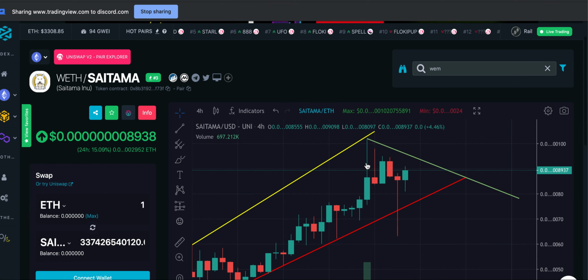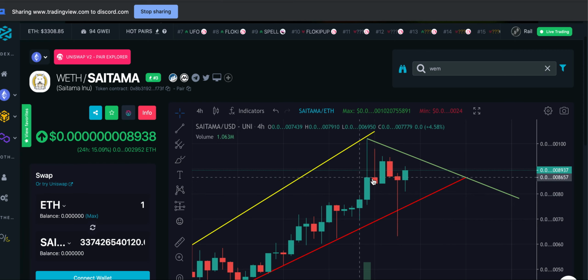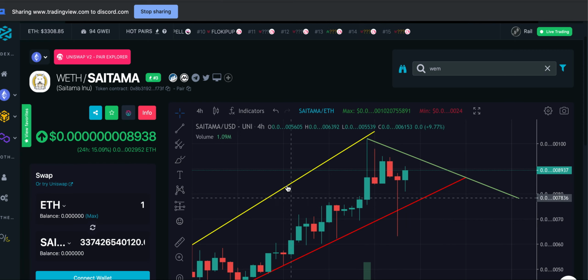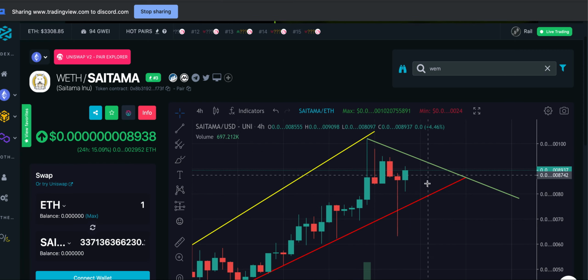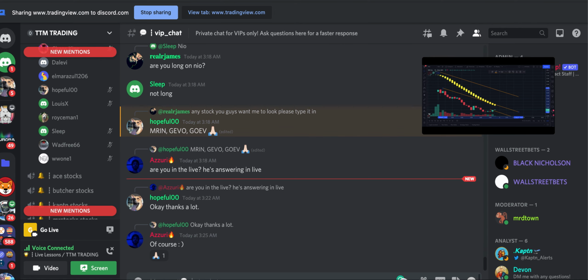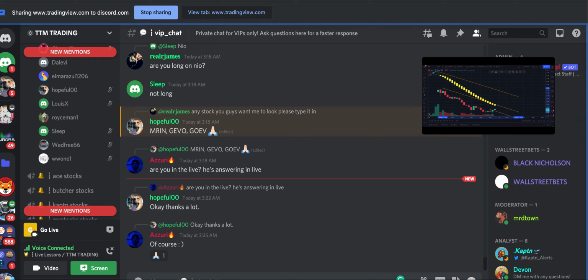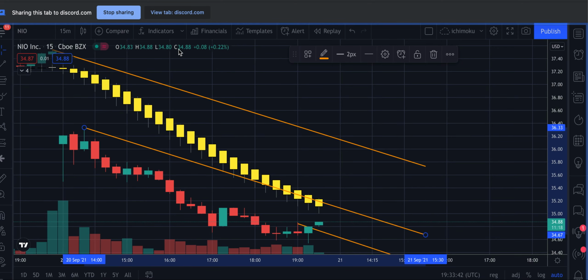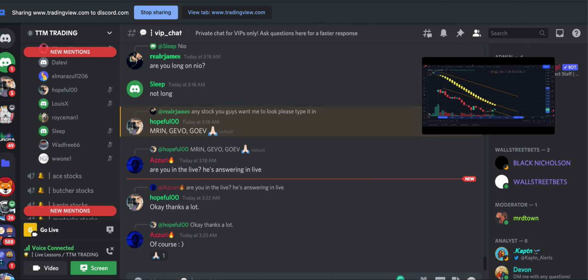If you can see it right here, guys, on my Saitama Inu, which is the one that I alerted, these are still my charting right there also. Wow, I think I still got that thing on. Let me switch it. Oh, I guess I can't switch it back.